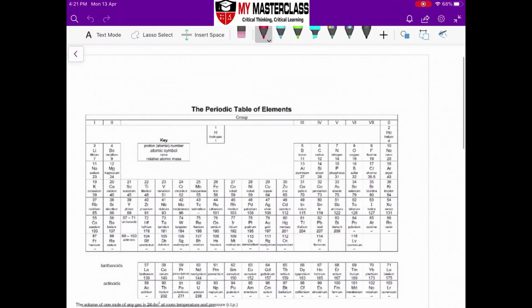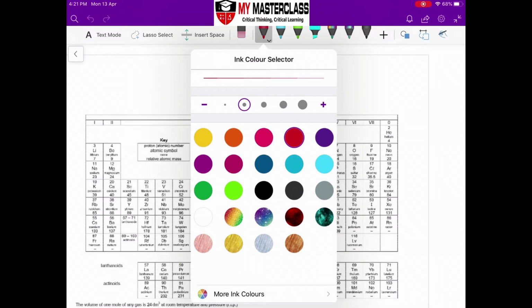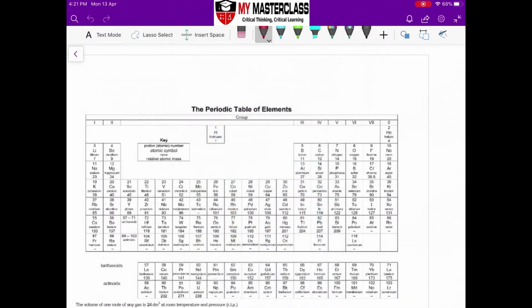So this is the periodic table. Be very familiar with the first 20 elements. The first 20 elements are very important. This is element number 1 over here, all the way until at least element number 20, calcium.